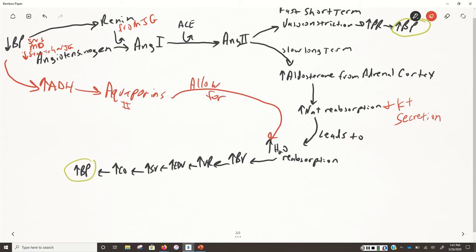The aldosterone causes sodium reabsorption. That provides the pull for water. The ADH creates aquaporins. That creates the path for water. Both of those two things must happen in order for water reabsorption to be increased, leading to an increase in blood volume and ultimately an increase in blood pressure.